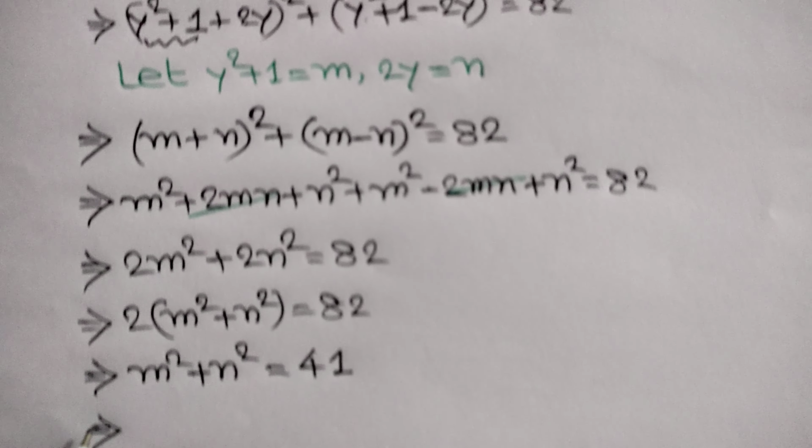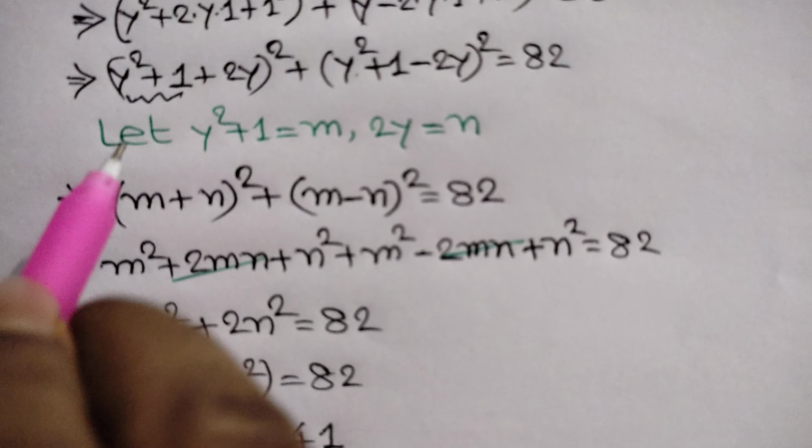Or now recall y^2 + 1 is equal to m, so here we can write here (y^2 + 1)^2 + (2y)^2 is equal to 41.